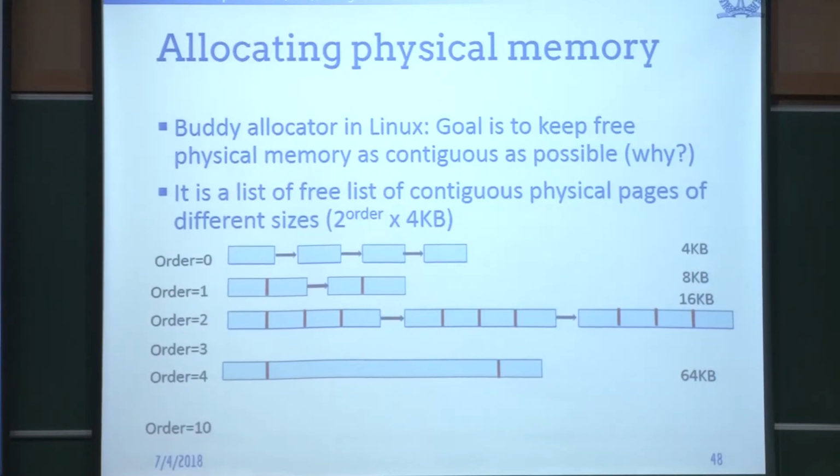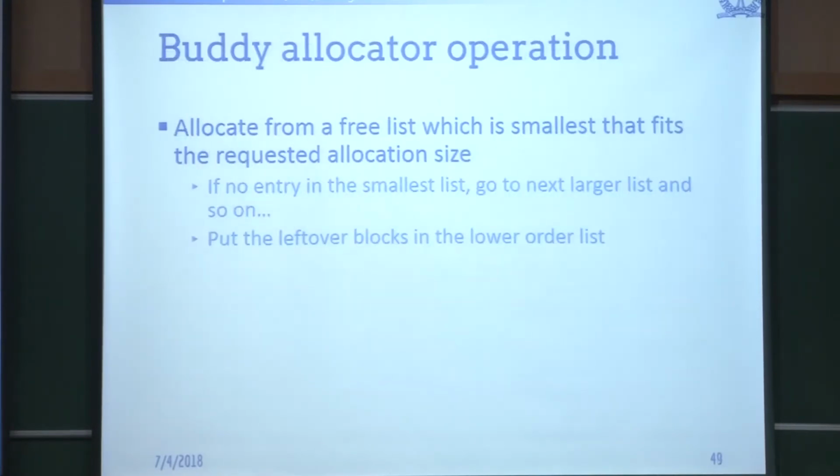This is what the buddy allocator is, and how it operates: if there is a request to find a physical memory region of, say, for example, just making it up, 16 kilobytes, the buddy allocator has a free list for 16 kilobyte contiguous regions, and it will try to find out if there is any entry in that 16 kilobyte free list. If there is, it gives that.